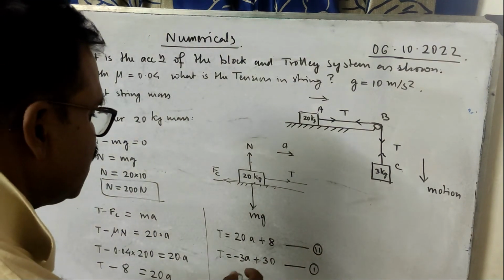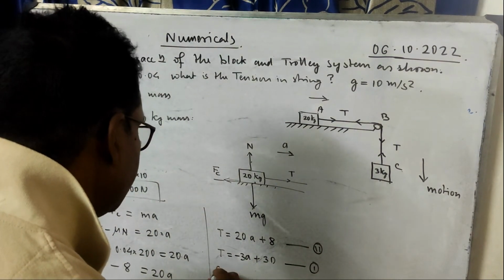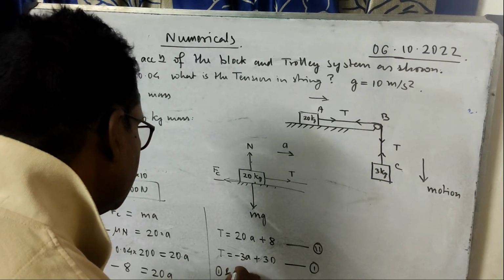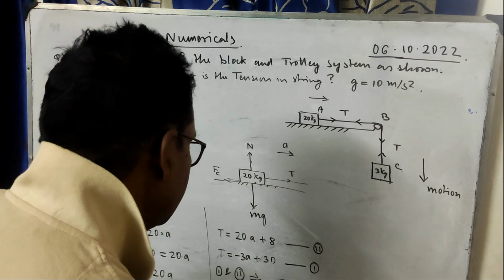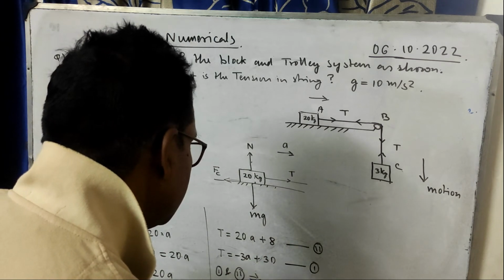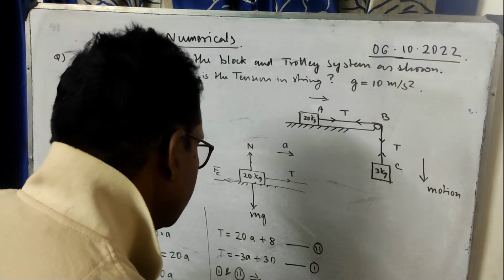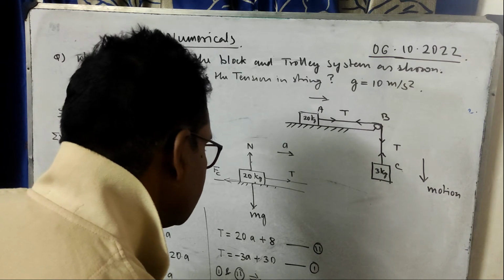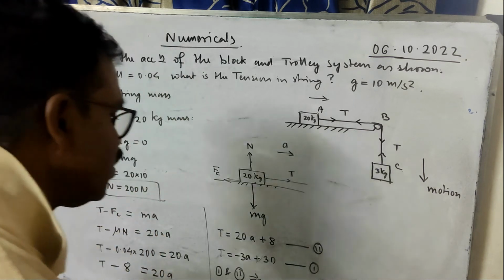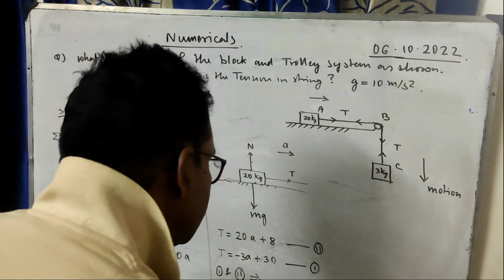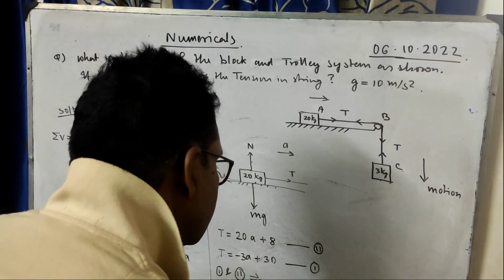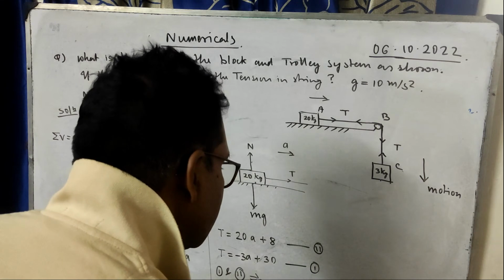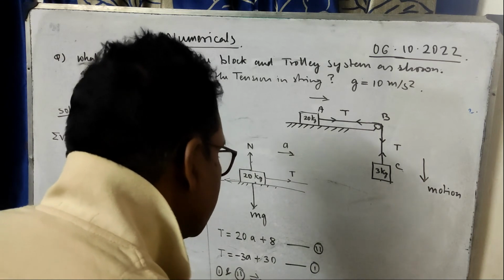So equations 1 and 2 imply 20A plus 8 is equal to minus 3A plus 30, am I right? So this gives me 23A is equal to 30 minus 8, which is 22.